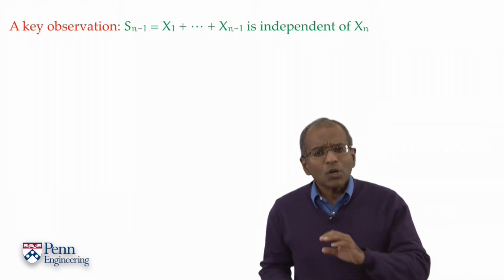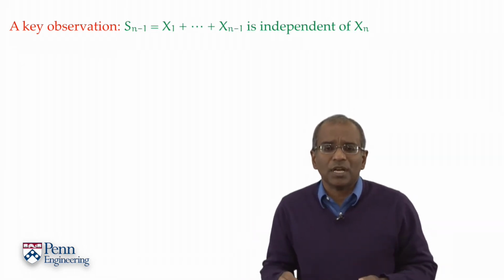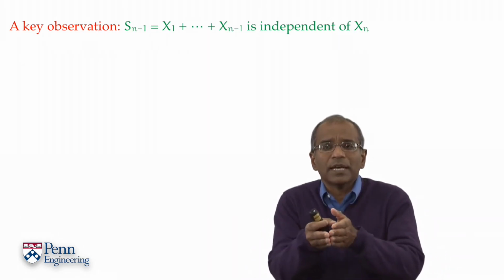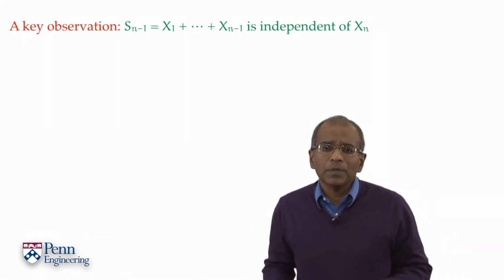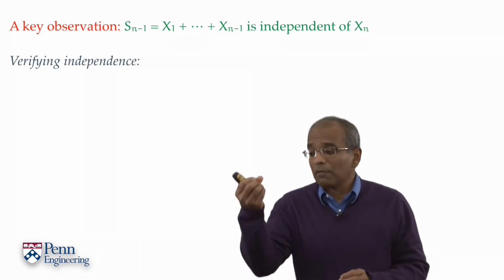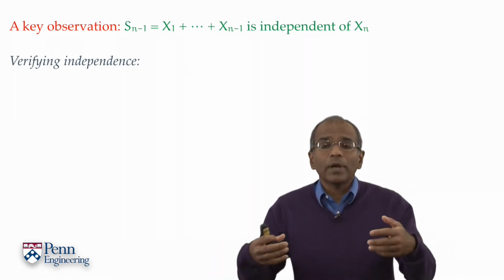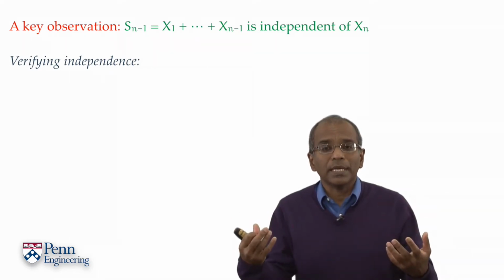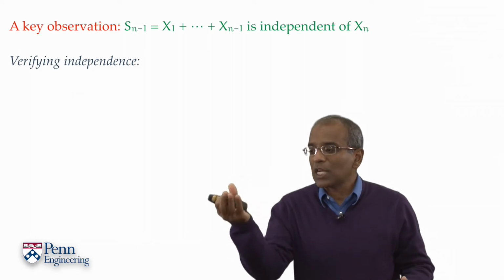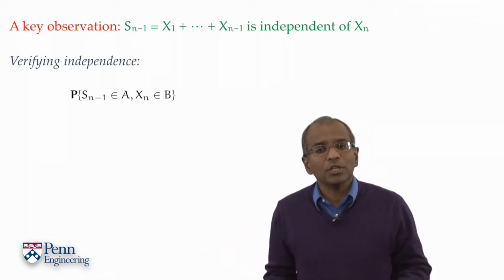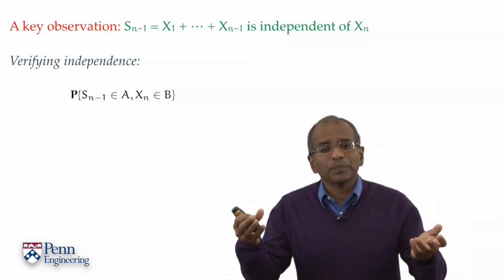Right? How do we go about verifying this? Well, the pattern follows exactly the procedure we took to verify that X1 through Xn were individually independent. To verify independence, we have a variable Sn minus 1 and a variable Xn. We're going to ask for the joint probability, the probability of the intersection of two events, that Sn minus 1 takes values in a certain range and Xn takes values in another range.